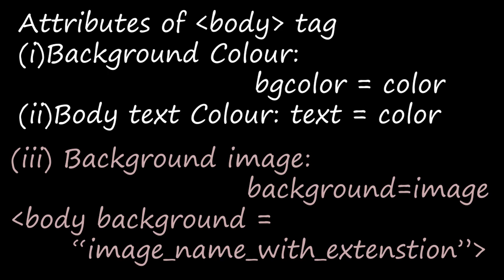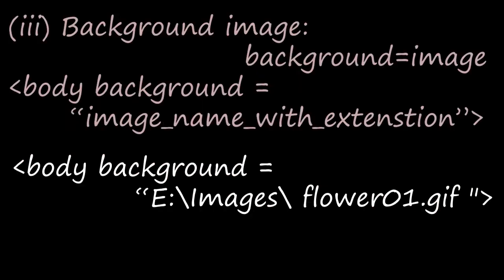First you have to set the file path. First you have to give the drive, the file path and the folder's name, and then the file name correctly, and then only you can insert the image inside this web page, right? For example, if an image file is in a folder and it is in the E drive, you have to specify the full path within the double quotes. That means you have to give the body tag.